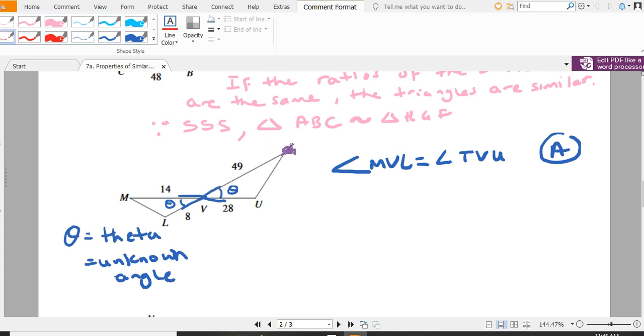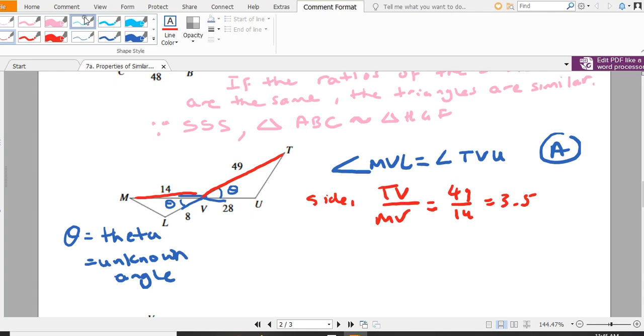If I wanted to compare side 1, TV compared to MV, that will equal 49 divided by 14, which will give me 3.5.